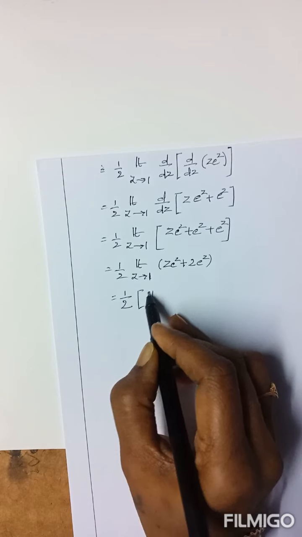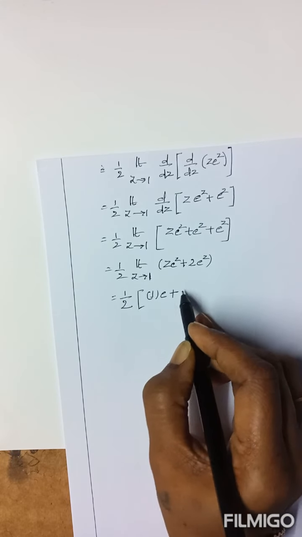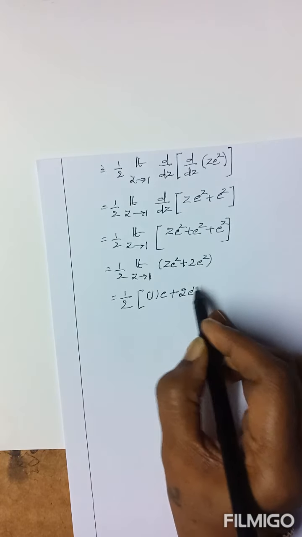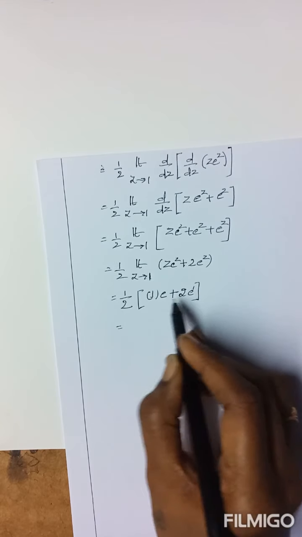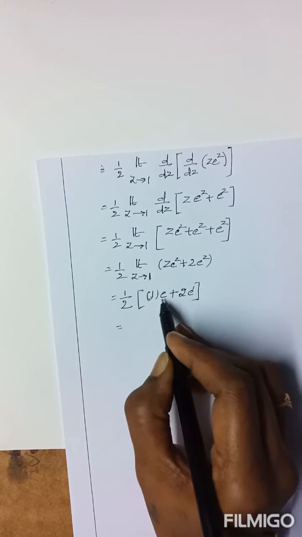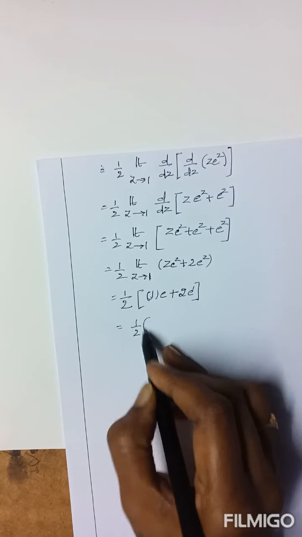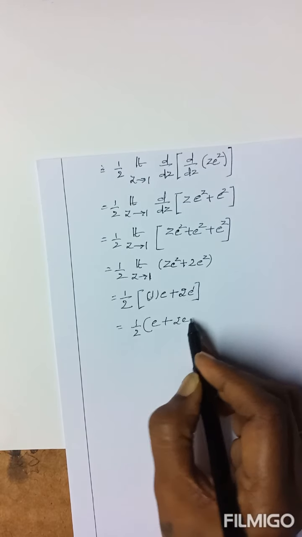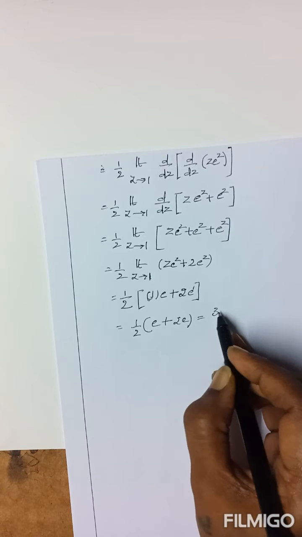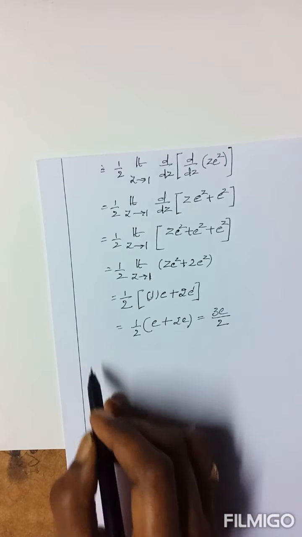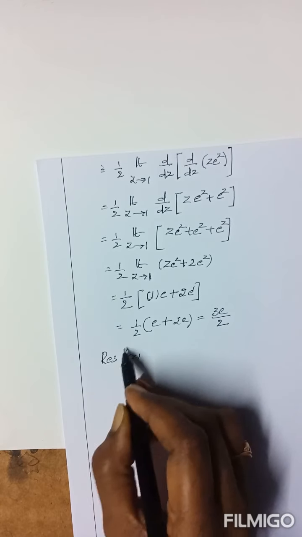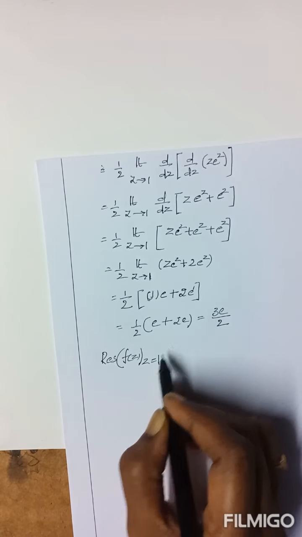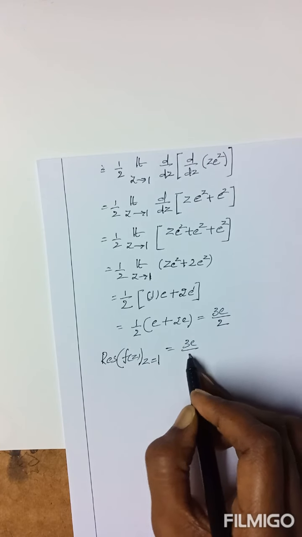Now 1 e power 1, 2 e power 1. The total number of e's here is 3, so e plus 1 by 2 e plus 2e equals 3e by 2. This is the residue of f of z at z equals 1: 3e by 2.